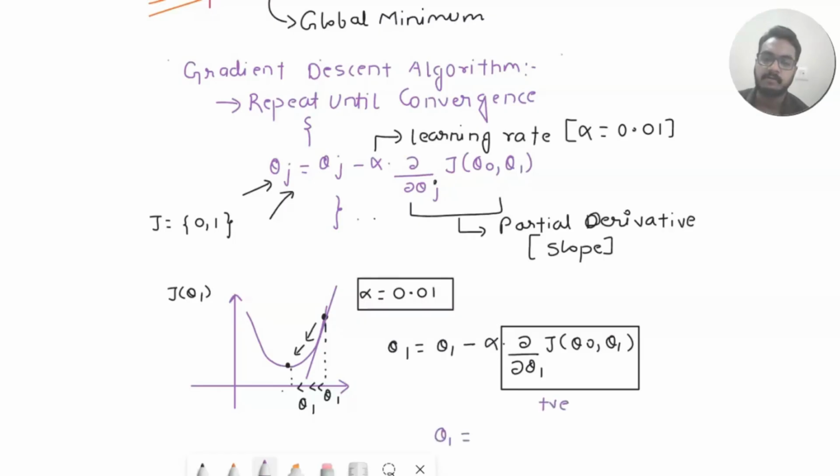So we get theta 1 as theta 1 minus alpha times some positive value. This is how we iterate theta 1. You can see we are subtracting some positive term from theta 1 each time. That means we are approaching the global minima.